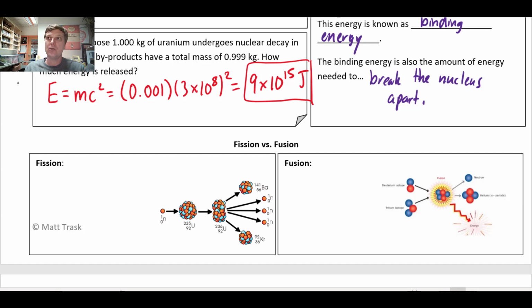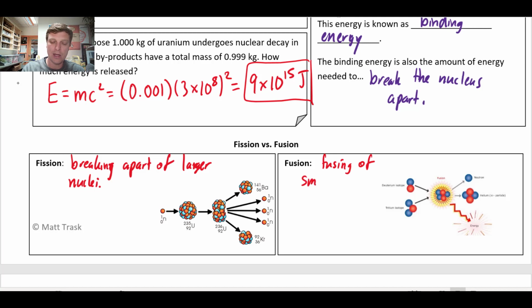And fusion is what happens in things like stars, when nuclei bump together and they stick together and they release a ton of energy. So fission involves the breaking apart of larger nuclei. And fusion involves the fusing of smaller nuclei.